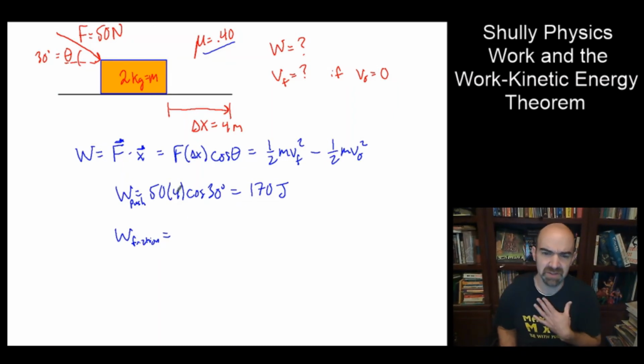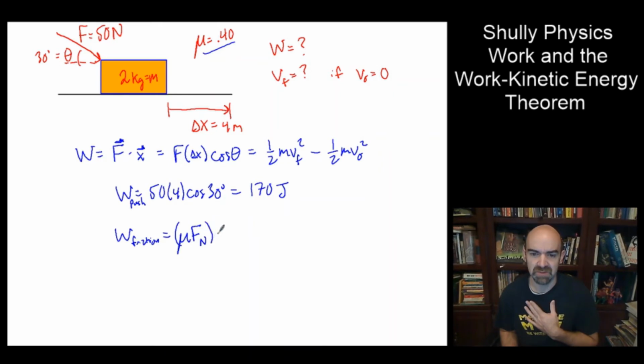Well, friction as a force is mu times normal force. Okay, mu times normal force. So that's the force. The displacement is 4 meters. So we do know that. And the angle, okay, well, let's see. What's the angle of displacement here?